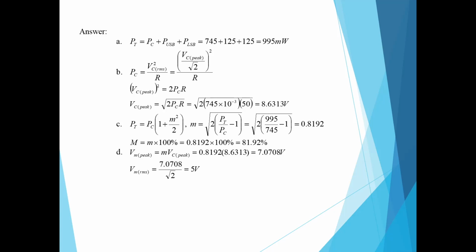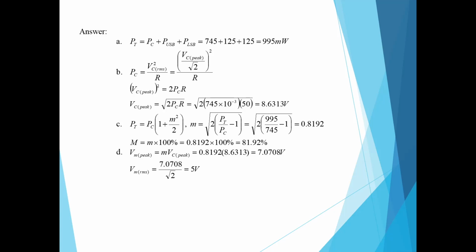Okay, VC RMS is equal to square root of power PC multiplied with R. So PC multiplied with R. So here you get how much is this?